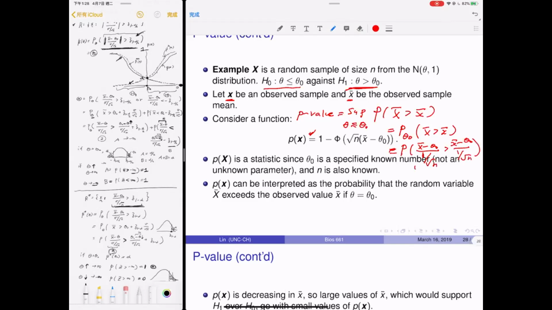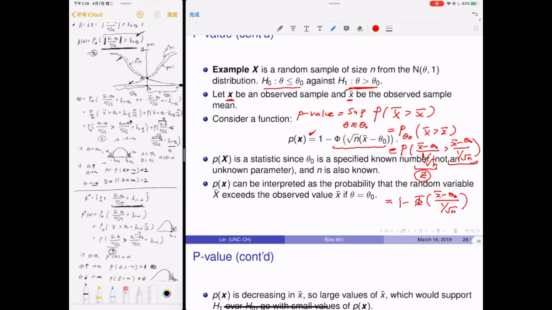Left hand side right here is z, normal 0, 1. That's the reason why z bigger than this quantity means 1 minus the CDF up to that quantity. You see that right here. Okay, good. So then this is my p-value.